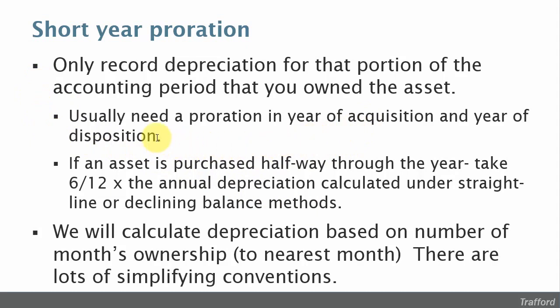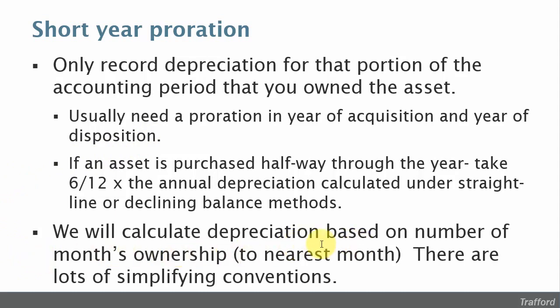In general, there are all sorts of rules of thumb companies can use to make these computations more easily, but the way we'll generally do it is we'll just base depreciation for a short year on the number of months of ownership, and we'll round to the nearest month.